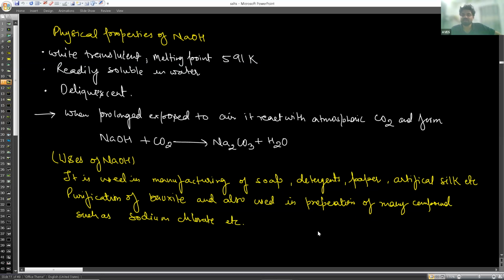Which gas is obtained at cathode during the preparation of caustic soda? Hydrogen gas. Okay.